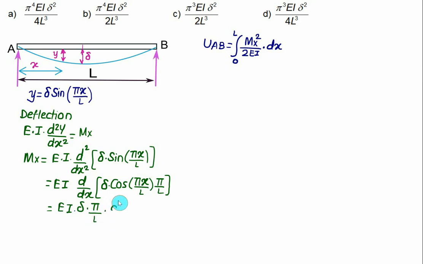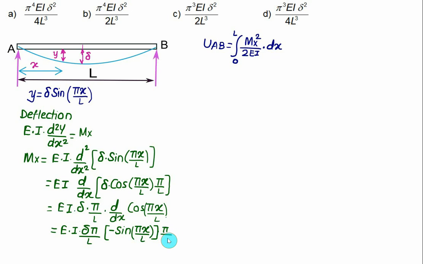So what is left is d/dx of cos(πx/L). The derivative of cos will be sine. So we have EI into δ into π divided by L, minus sin(πx/L), and this is further multiplied by the derivative of the composite function, that is equal to π/L.